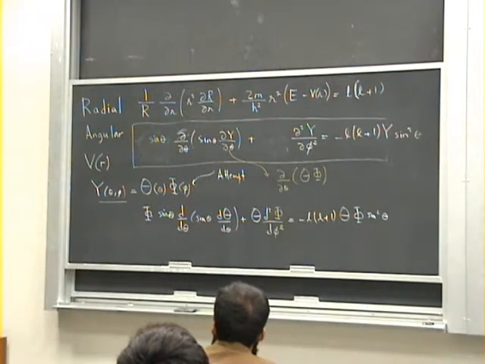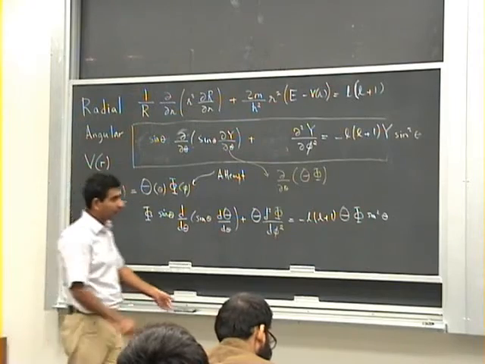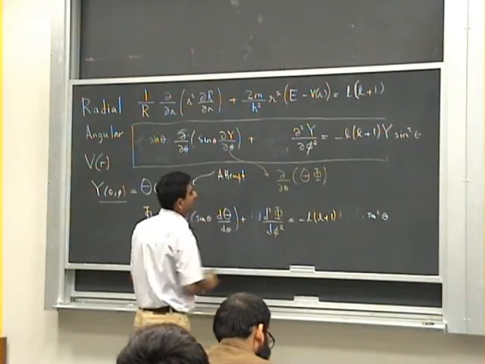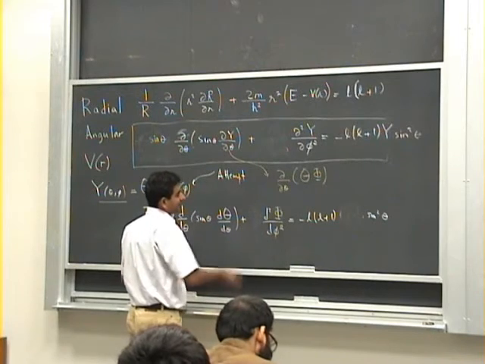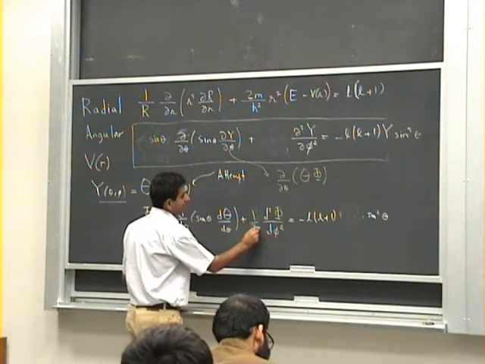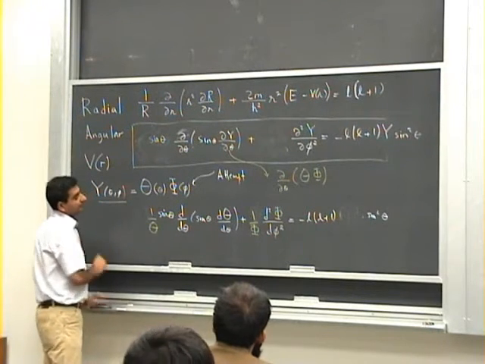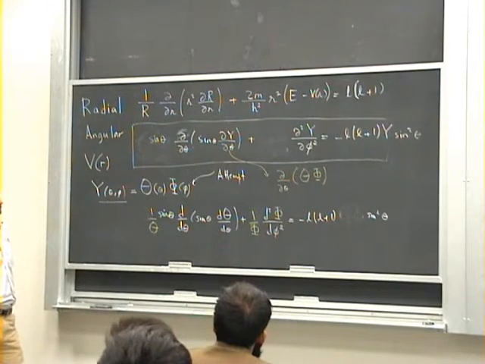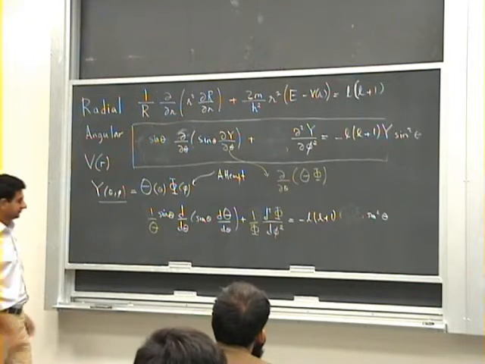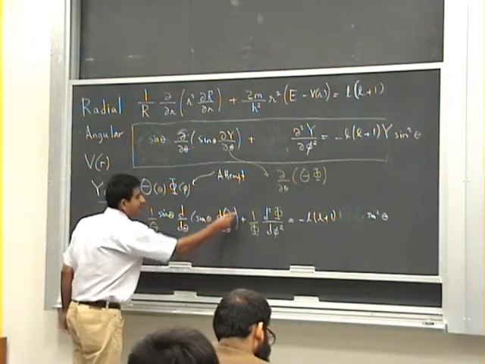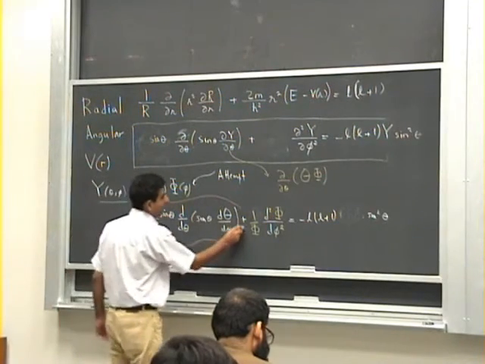I divide both sides by Theta into Phi. This goes away. I'm left with a 1 over Phi here. And I'm left with the 1 over capital Theta here. So I just gathered this term and this term.